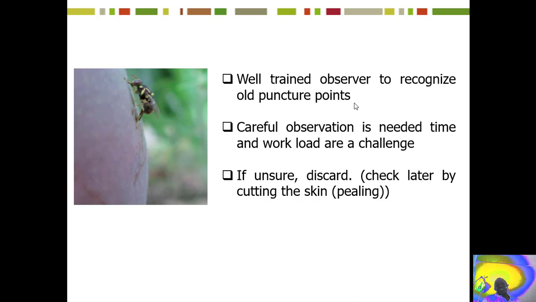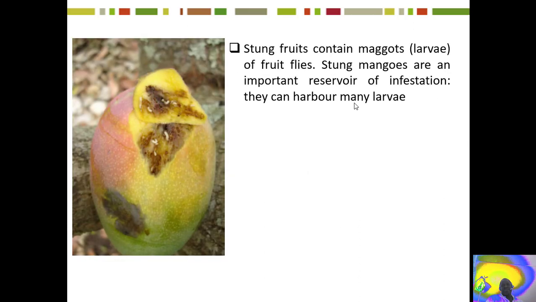If I am observing a fruit and I am not sure if it is punctured or not, in the name of the precautionary principle, I will discard it to not take a chance for it to have some larvae. And what I could do later is to cut it and then check if it has some maggots or not. This will add some experience to me.